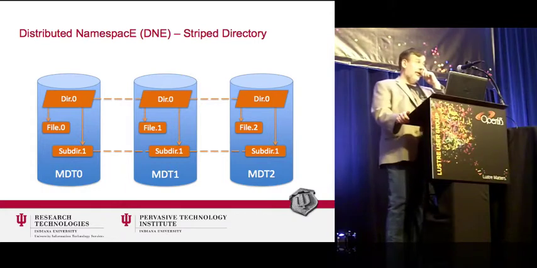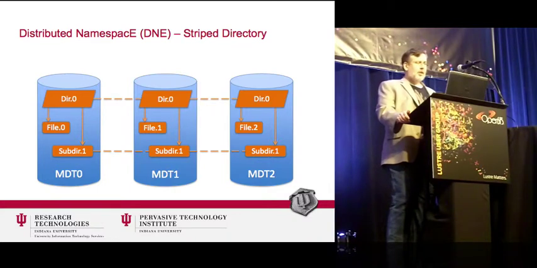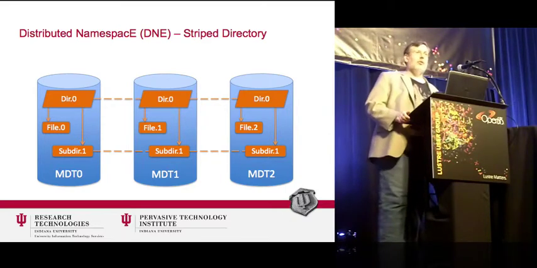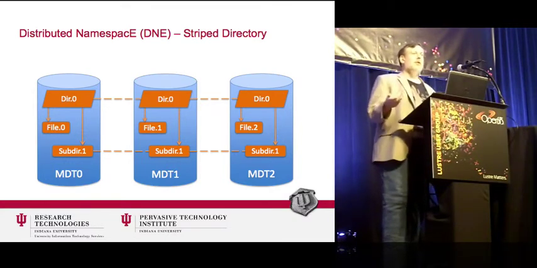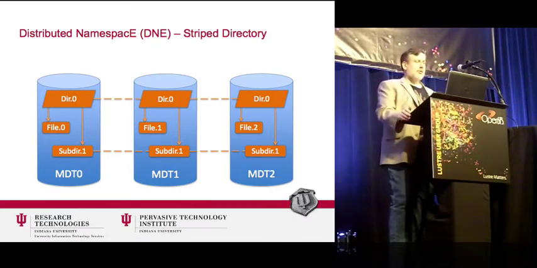Files that are written in that directory will be striped across the MDTs. And subdir 1 is also striped. Subsequent files written into that directory would also be striped across, or, to be more precise, their metadata would be striped across MDTs.